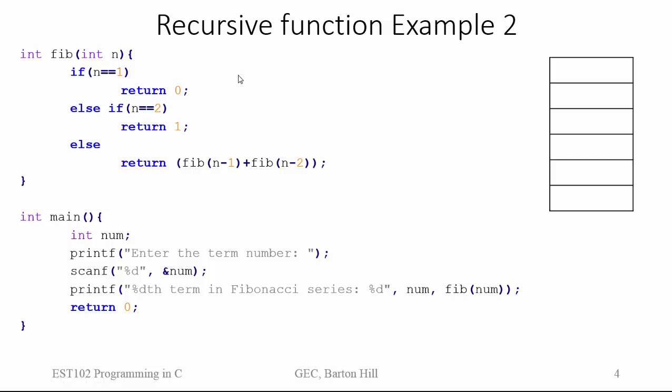recursion. Okay, so we have a recursive function fib, and it is accepting a parameter n, and we have two base conditions, that is if n equal to 1, that is if it is the first term, return 0. If n equal to 2, that is if it is the second term, then return 1. Then we have the recursive calls, that is return fib(n-1) plus fib(n-2), that is we can get the nth Fibonacci term by adding the previous two terms in the Fibonacci series, that's why it is given fib of n minus 1 plus fib of n minus 2.